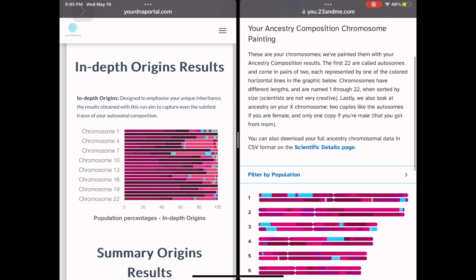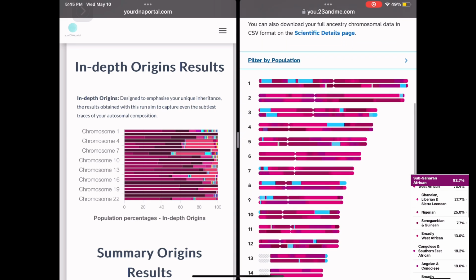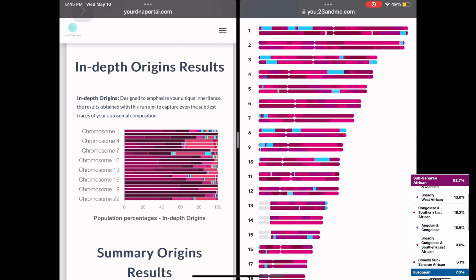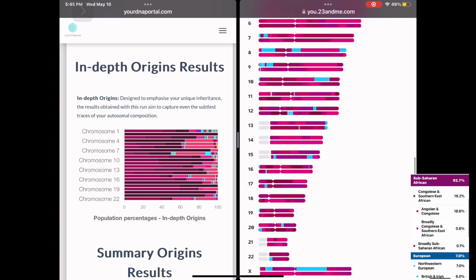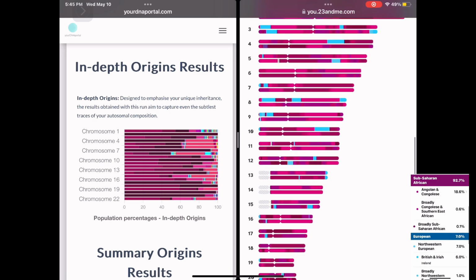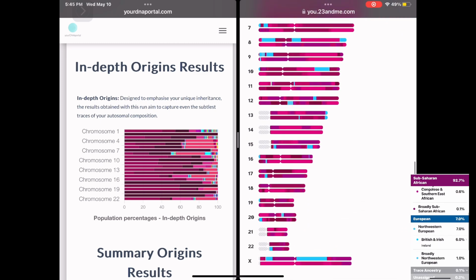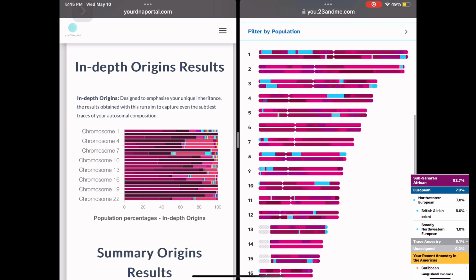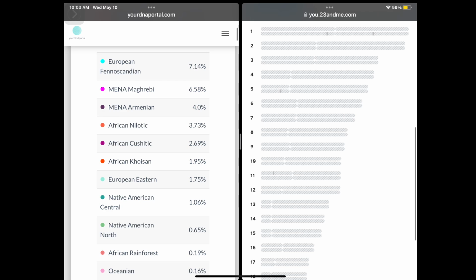Now, starting here on the left, we have Your DNA Portal, on the right 23andMe, and here I'm just showing you the DNA painter and how it looks on 23andMe and all of the areas that are highlighted. And then next, when we filter out the unassigned portion of my DNA, you see that there are little specks on the first chromosome, the 5th, and the 11th.